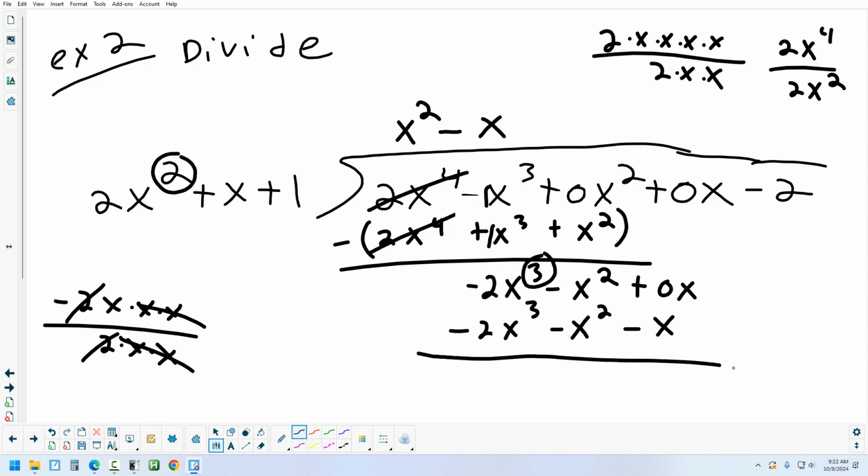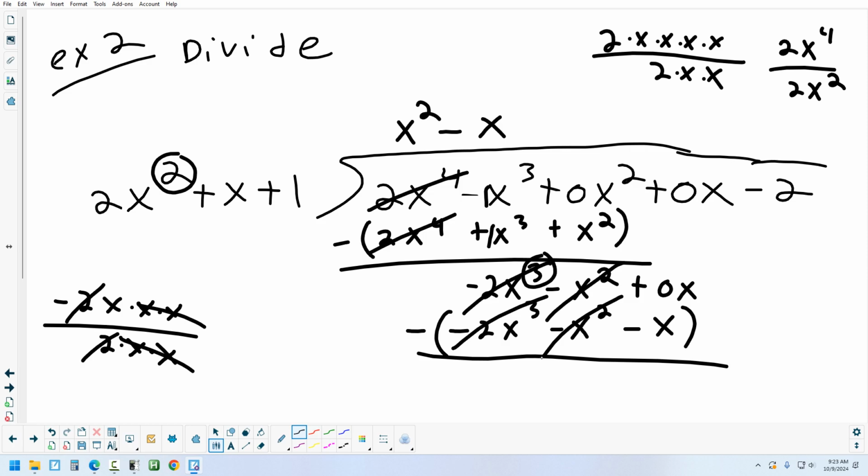Now take those columns and subtract. What's negative 2x cubed minus negative 2x cubed? That's 0, because it becomes negative 2 plus 2. What's negative x squared minus negative x squared? That's also 0, because minus a minus becomes a plus.